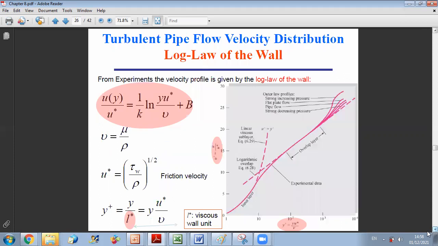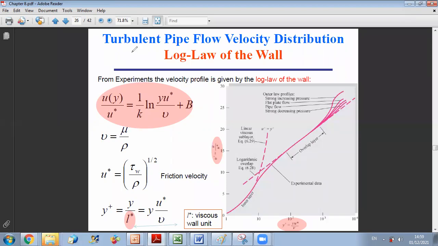Now what is the technique to use? Here we started to think about what experiments should be performed in order to know the behavior of turbulent flows. So what are the parameters that are important? This is chapter 7 exactly.